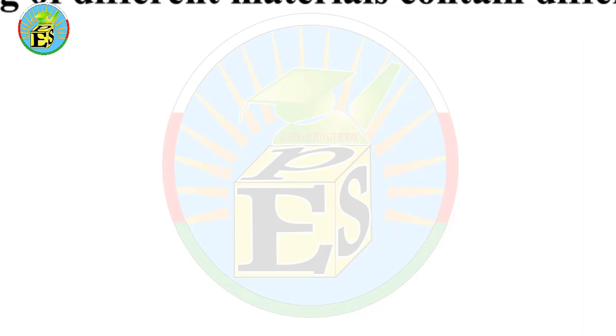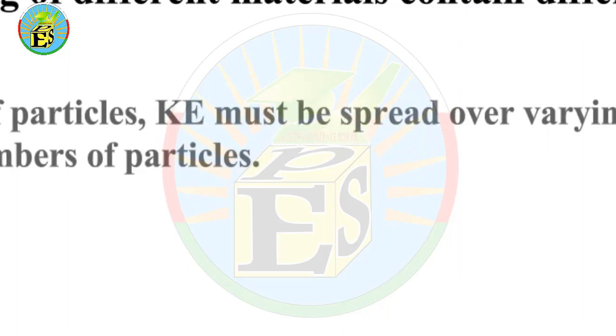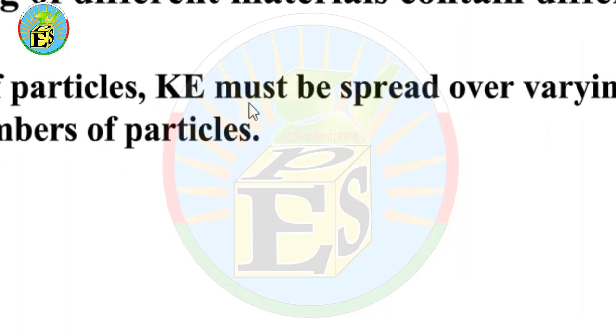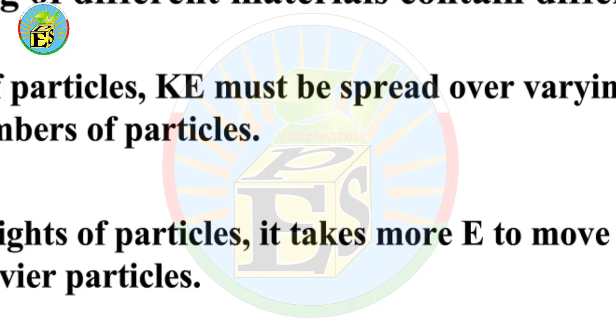One kilogram of different materials contains different numbers of particles, so kinetic energy must be spread over varying numbers of particles. Weights of particles: it takes more energy to move heavier particles.